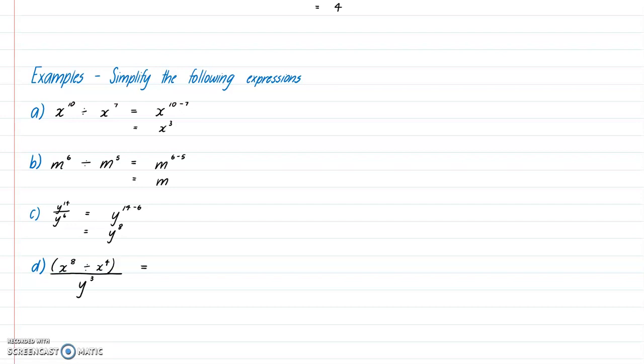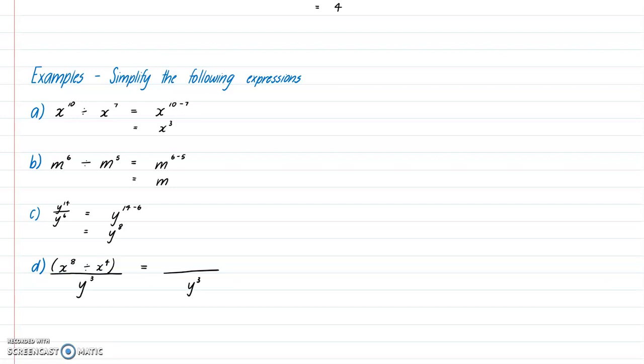Now D looks a little bit more complex. So we've got a set of brackets on the top divided by y cubed. Let's just start with the brackets, okay? I'm just going to leave y cubed where it is, and let's just look at the top.